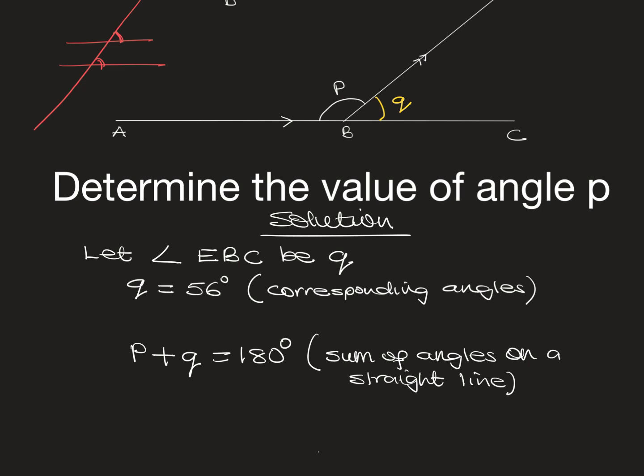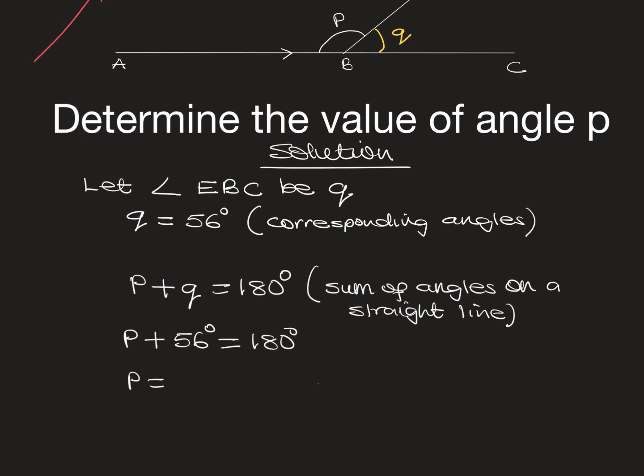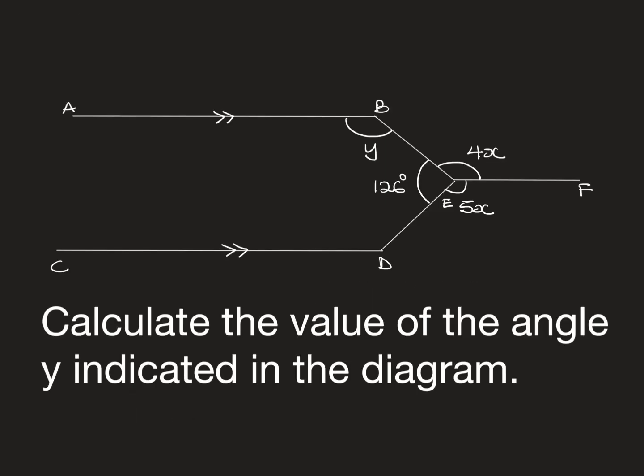So if that is the case, it means P plus Q is 56, this is equal to 180 degrees. So P is equal to 180 degrees minus 56 degrees. P is equal to 124 degrees.